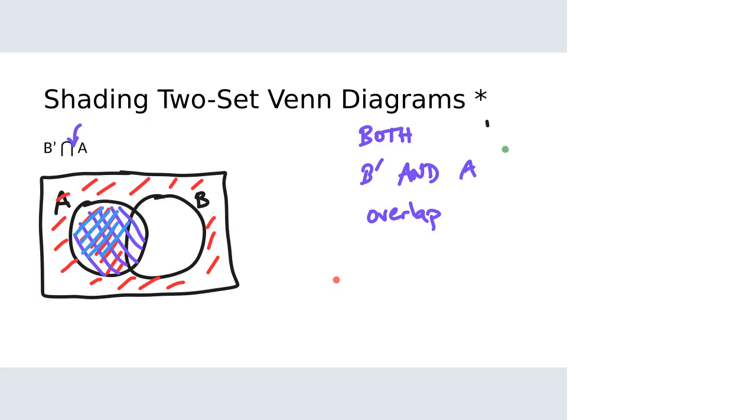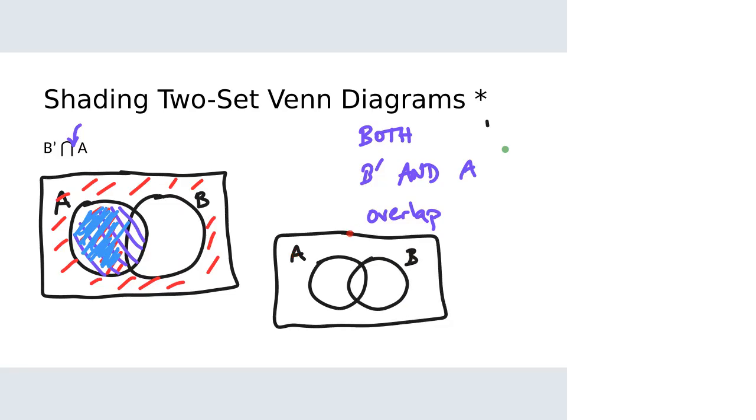Some of you are looking at me going, no, that's not right. Where they overlap is just right here. That's where my crosshatch is. So if I'm going to draw a final picture of this, I've got set A, I've got set B. And so my picture of B complement intersect A is just right there in region 1. That's it. B complement intersect A is just region 1 because that's where they overlap.